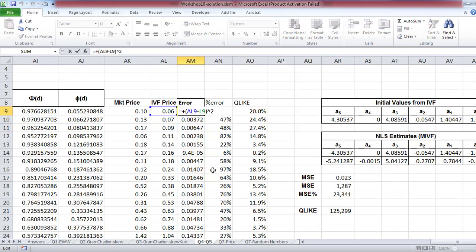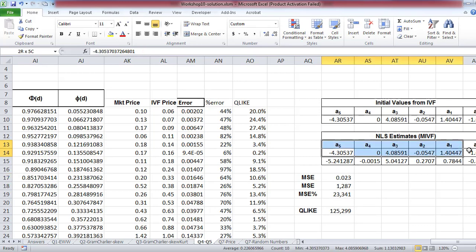The error is the squared difference between the implied volatility function price and the market price, which is L9, which is the same thing. Then I'm going to do this cool thing where I'm going to minimize this mean squared error by modifying these values here. Right now my mean squared error is, let's say, 0.023.